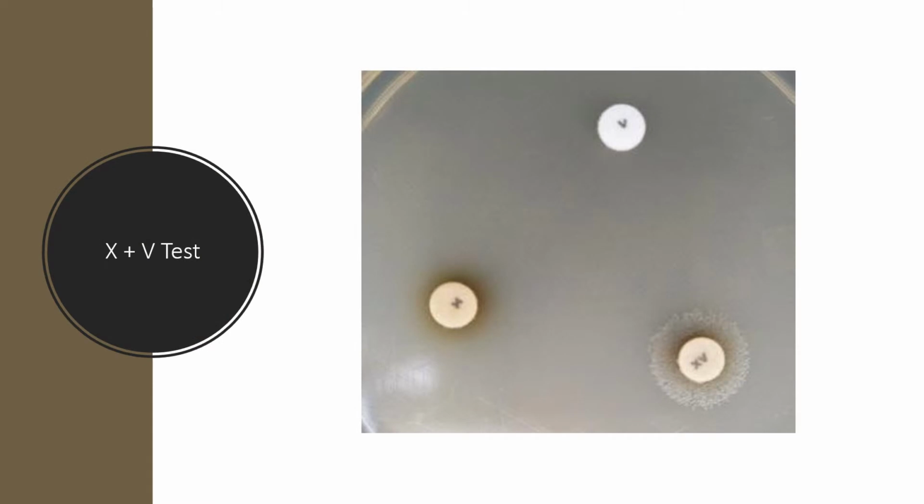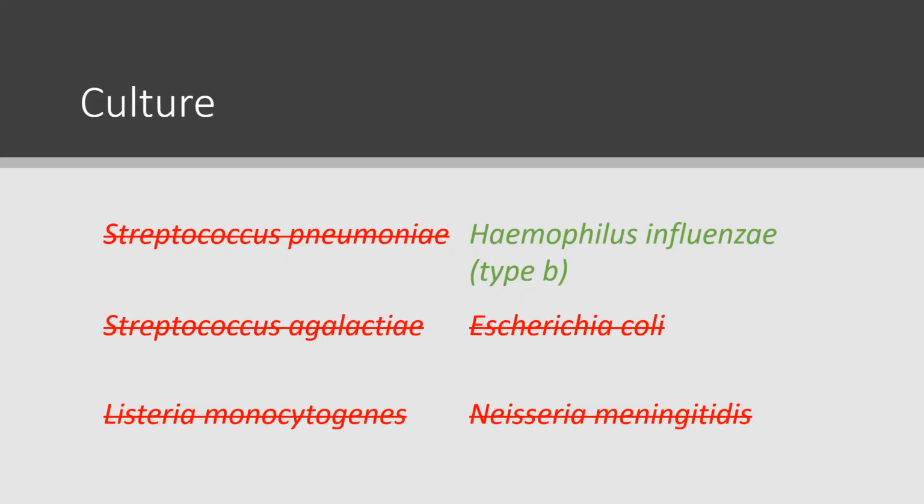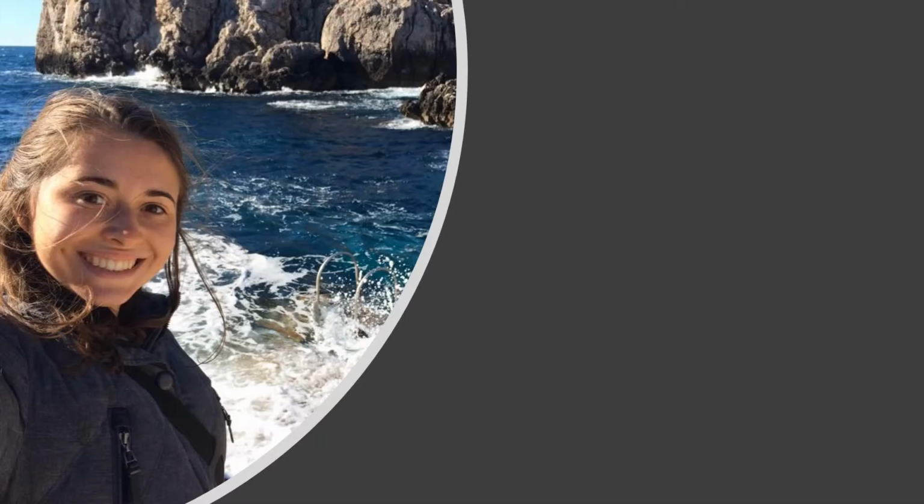Set up an XV test or a satellite test for a broader result. If it only grew around the XV disc, it's most likely Haemophilus influenzae. But check with an API NH. The culture can be shipped off for serotyping as well. It is not recommended to use penicillin, gentamicin, or vancomycin. Sensitivities to ampicillin, cefotaxime, and ceftriaxone should be tested.